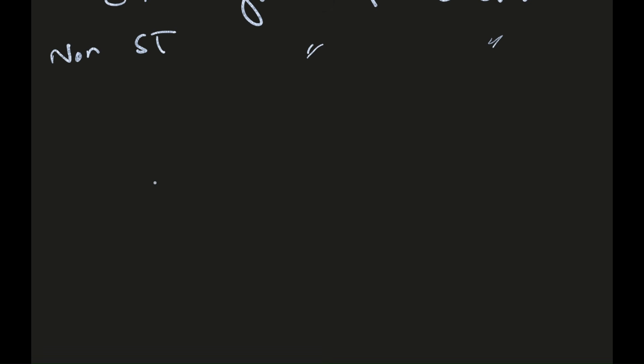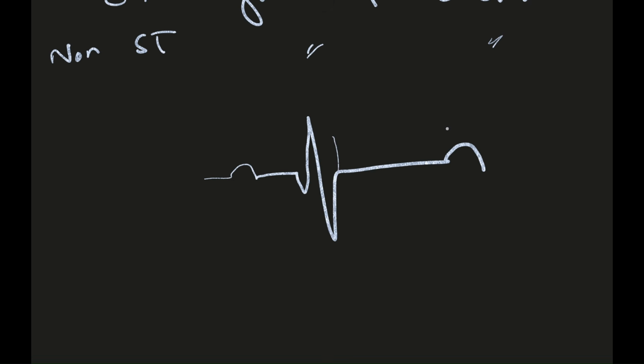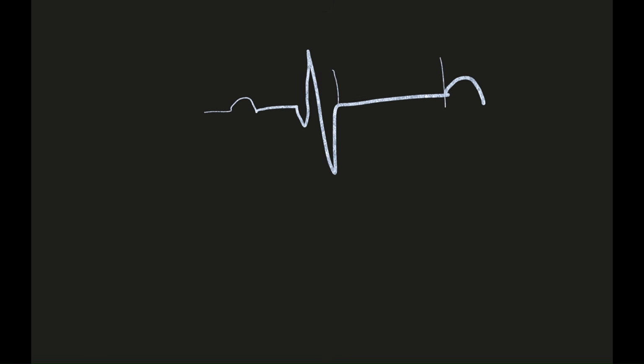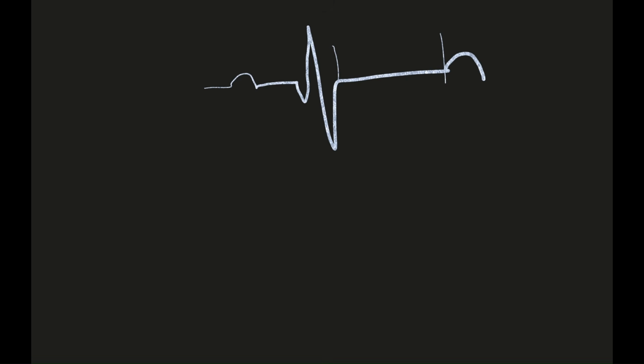So we talked about the ST segment previously. This is your ST segment. Sometimes it changes due to myocardial infarction. This is your P wave, QRS complex, and this is your T wave.